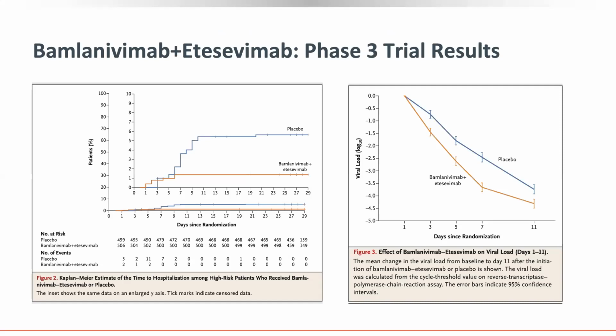Another slide to just justify their use: when you compare with the placebo and look at the outcomes into hospitalization, you see that there is a drastic reduction in hospitalization once you give the monoclonal antibodies compared to those in the placebo group.